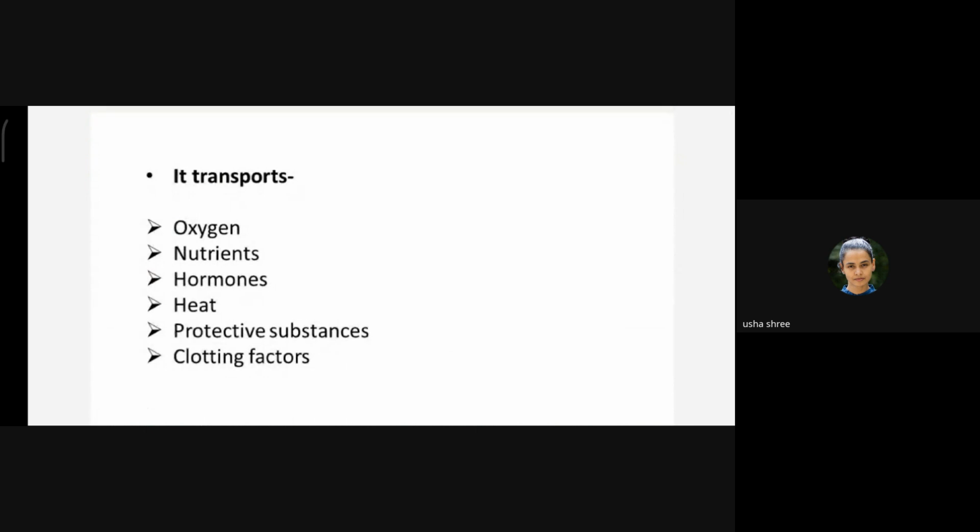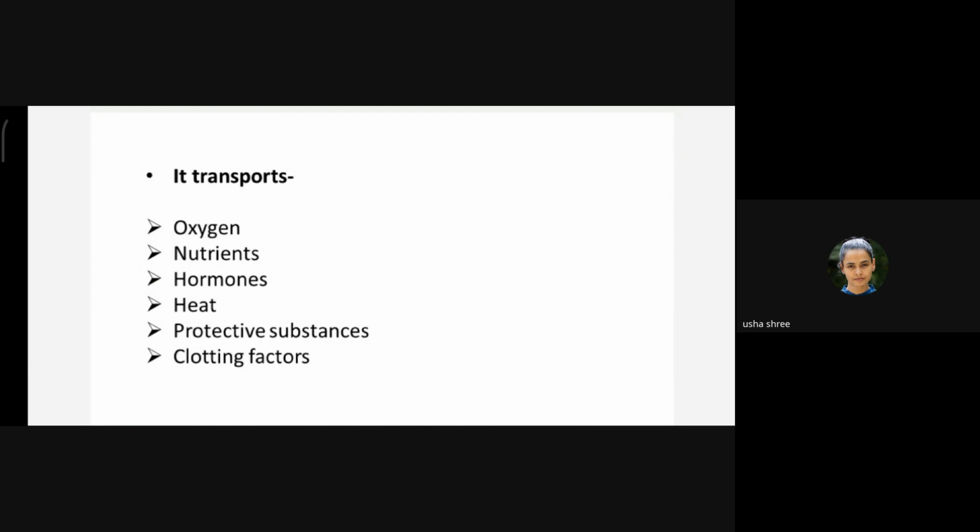Okay, now what does blood transport? Blood mainly transports oxygen, nutrients, hormones, heat. Yes, obviously heat. If any portion of our body is too hot or too cold, then it will be regulated by blood only, by the process of homeostasis.